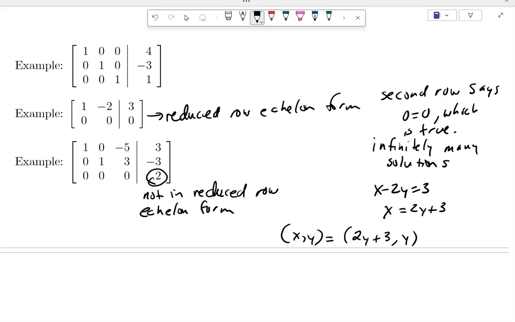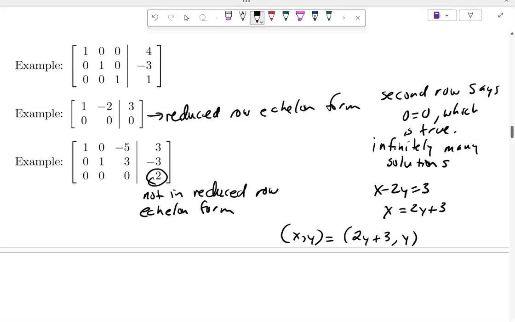Now, if I ignore the last column, if we pretend like that last column is not here for the time being, is that in reduced row echelon form? Are all the rows of zeros at the bottom? Yep. First entry of 1 in each of the other rows?